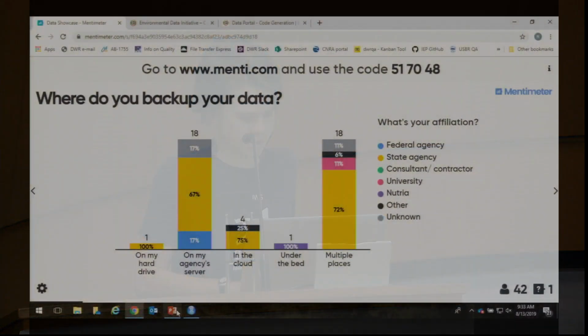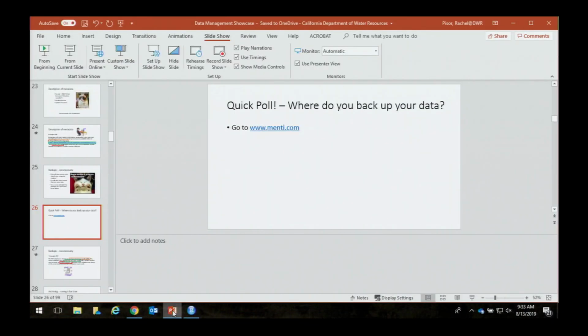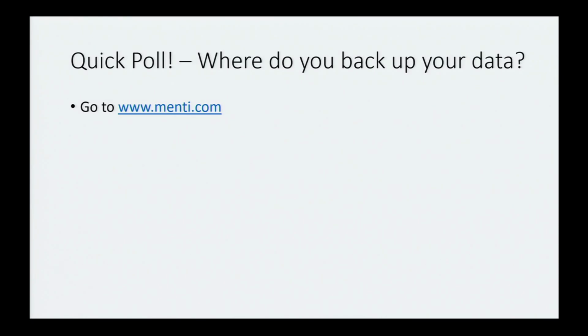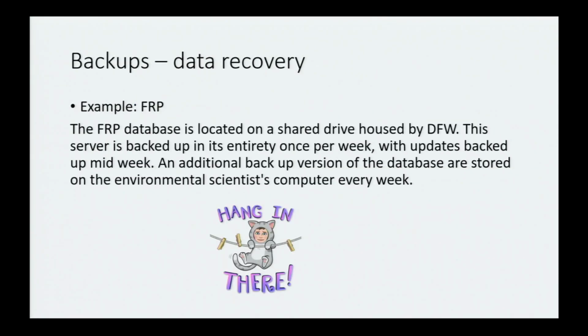Cool, thanks guys. Going back to this and seeing if I can do it without breaking anything this time. Oh, good. All right, so now our example for backups was the fish restoration program, and it is located on a shared drive.